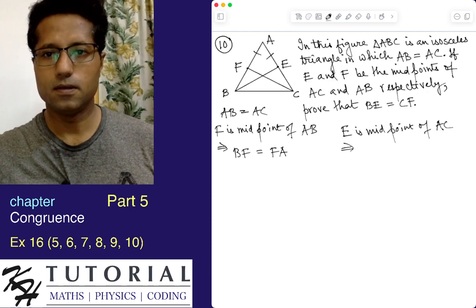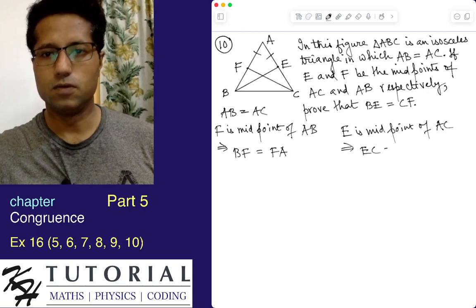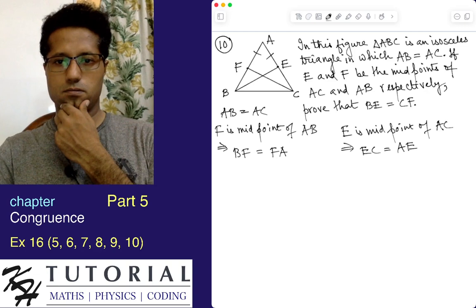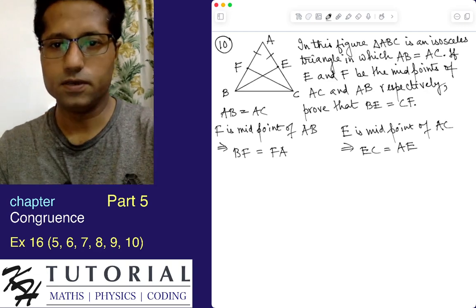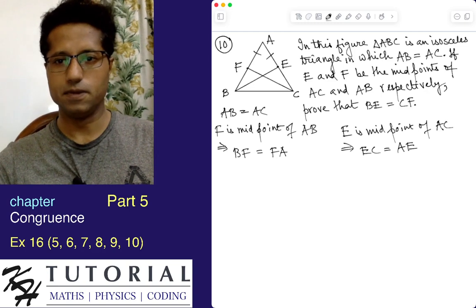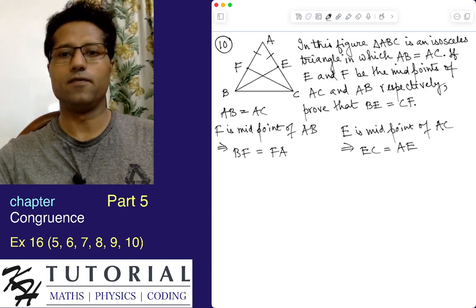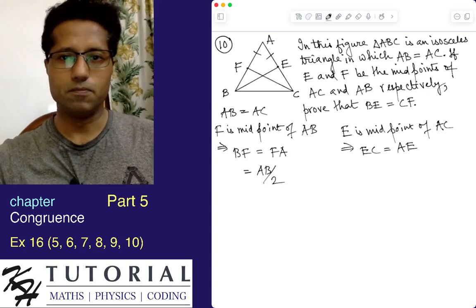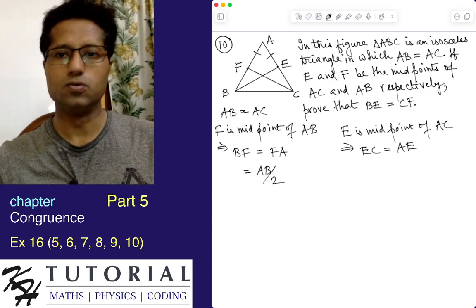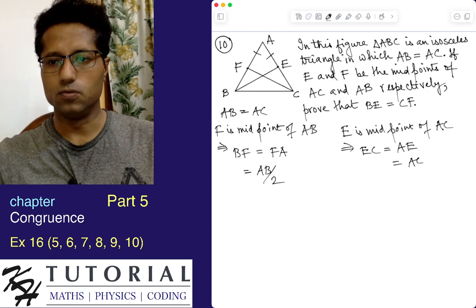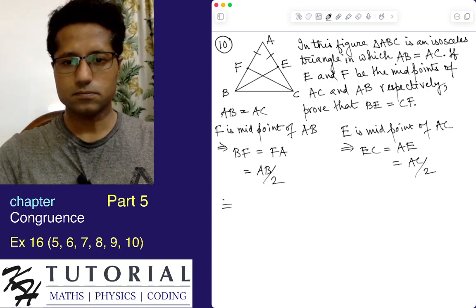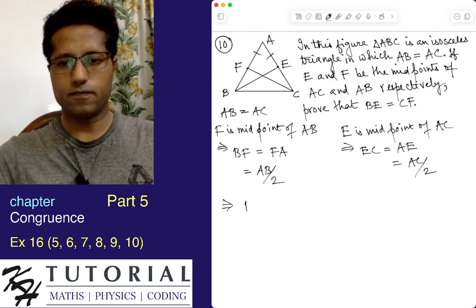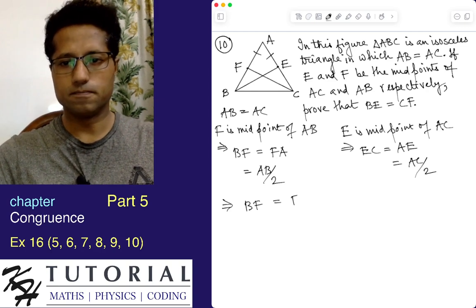So this will imply EC is equal to AE. Since F is the midpoint of AB, BF is equal to FA is equal to AB by 2. Similarly we can say EC is equal to AE is equal to AC by 2. This implies, since AB is equal to AC, that BF is equal to EC.